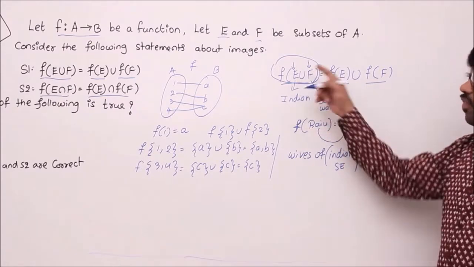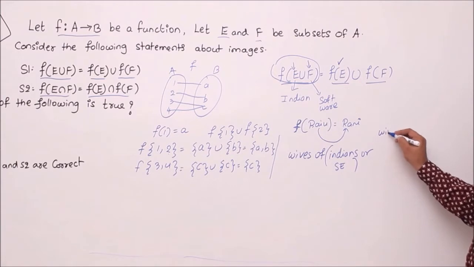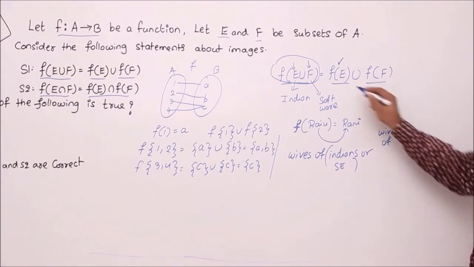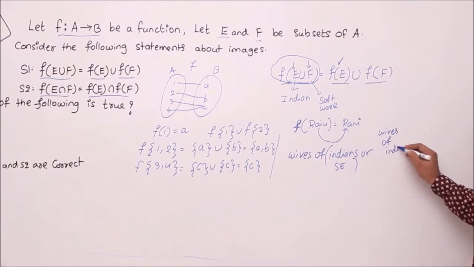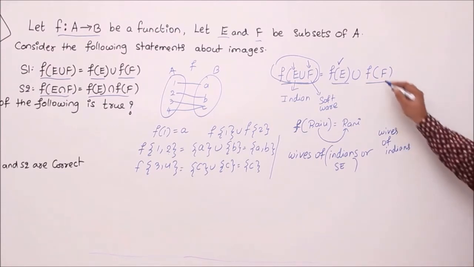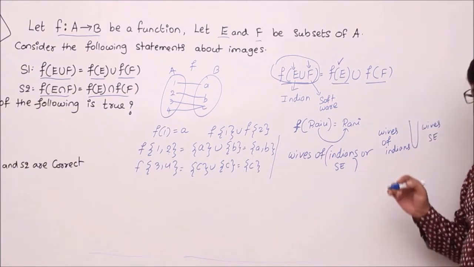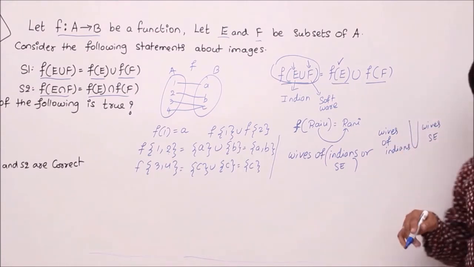So this is about f of E union F. Let's interpret f of E. f of E is nothing but wives of E, meaning Indians, isn't it? And f of F is nothing but wives of software engineers. If I do the union, what do I get? I get wives of Indians union wives of software engineers.